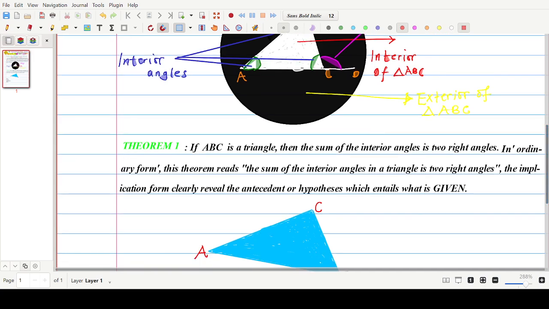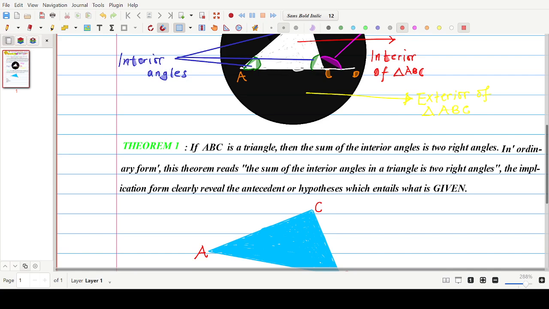Now, don't forget, in the first series of the video, I also said that when we carry out the proof of geometrical theorems, we are required to work according to the geometrical tradition or custom. It is customary to carry out the proof of a geometrical theorem as follows. The first step is that there should be a statement of the theorem.